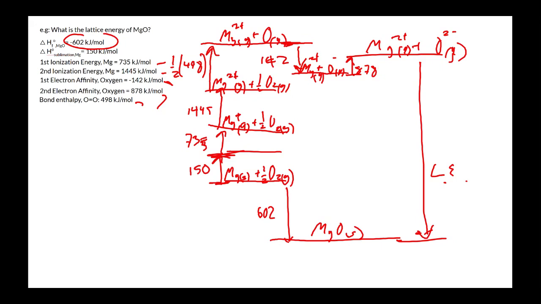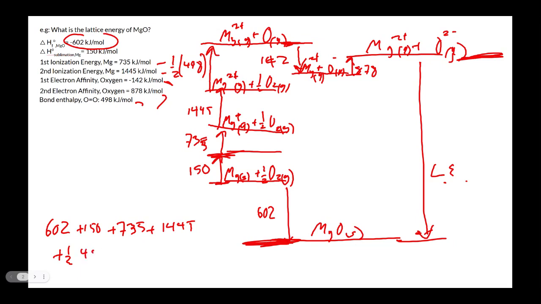Now this is not all to scale, but it gives me kind of a layout of what I'm going to have to do to find my lattice energy. So to get from here up to here, I'm going to add 602 kilojoules, then another 150, then another 735, then 1445, then half of 498 kilojoules, and then I'm going to take away 142, and then I'm going to add 878 kilojoules.